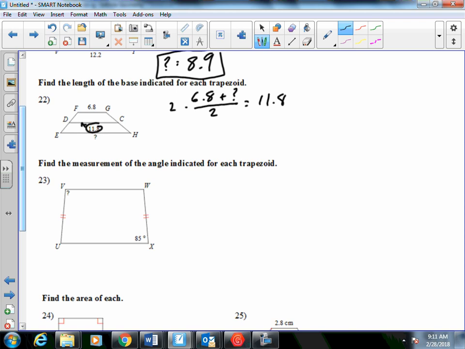Start off by multiplying by 2 on both sides to get the 2 out of the denominator. So 6.8 plus whatever the question mark is has to equal 23.6. Subtract 6.8. So that base length is going to be 16.8.